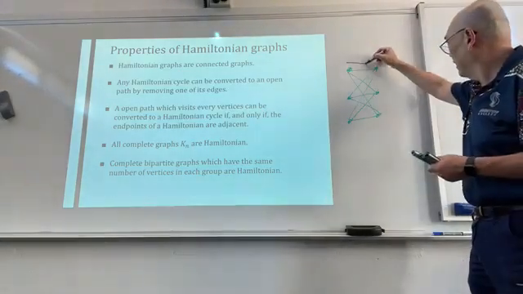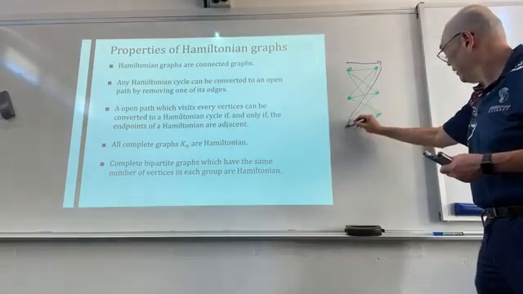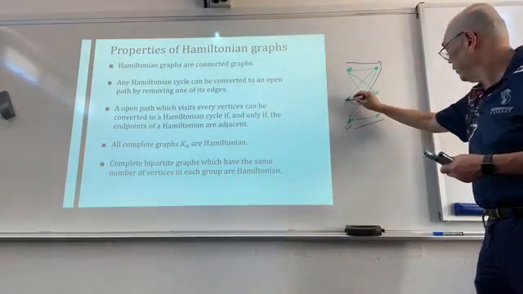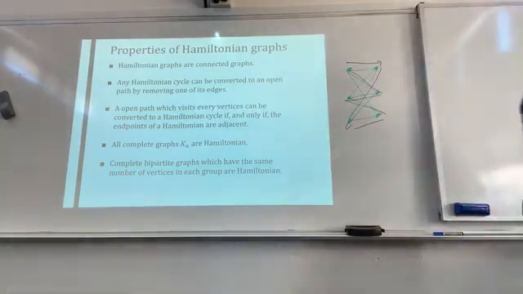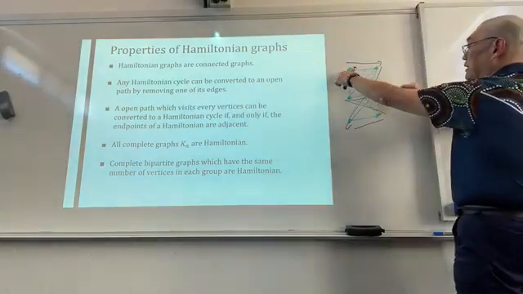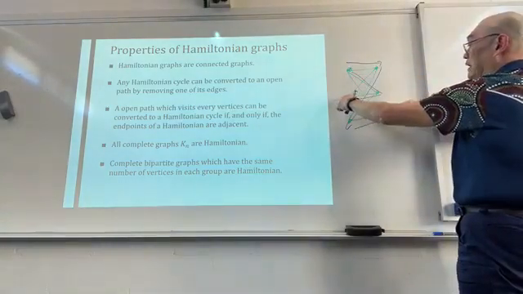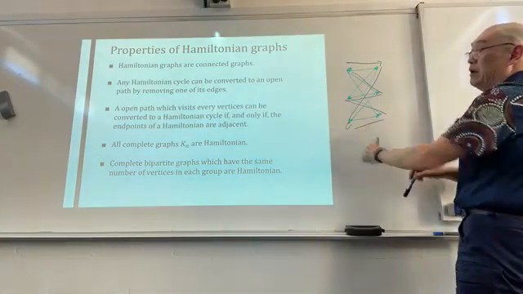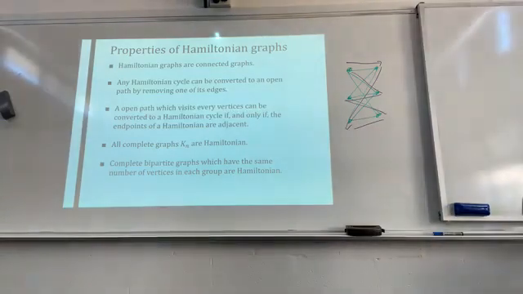Start from here, I can go to here, come here, that way, that way, that way, and back there. Right? There is no repeating of vertices at all, and there's no repeating of edges. So think about a complete bipartite graph. Complete means this one has to be connected to this, has to be connected to that, has to be connected to that. All right. Make sure that you know what a bipartite graph is.